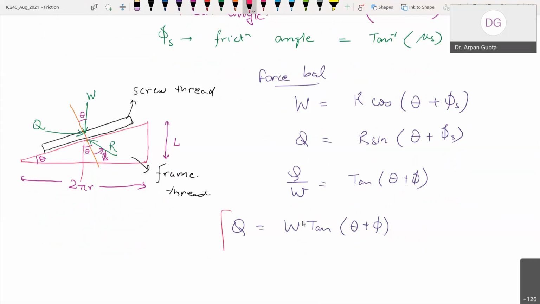So this is the final expression for the horizontal force Q that we need to apply so that we can lift this weight W up.